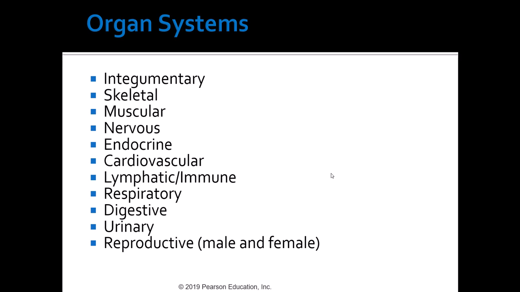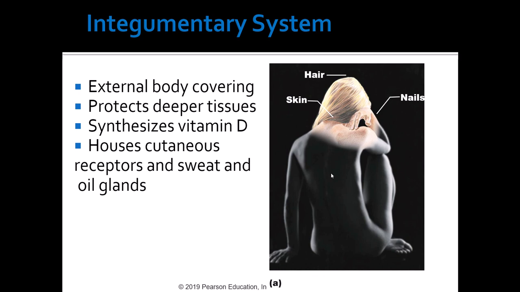What you all will need to know at this point in time about our 11 organ systems are the primary functions and primary organs of each system. So there's a very nice figure in your book. Looks like this one.